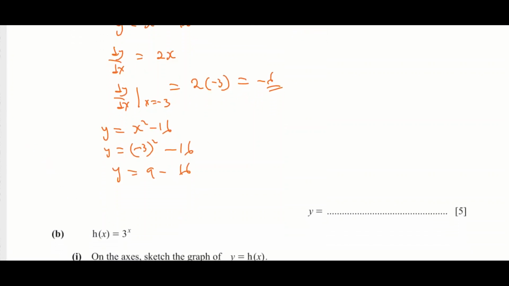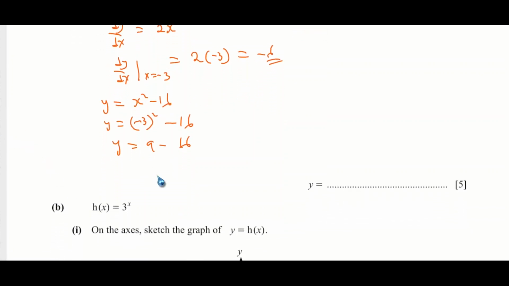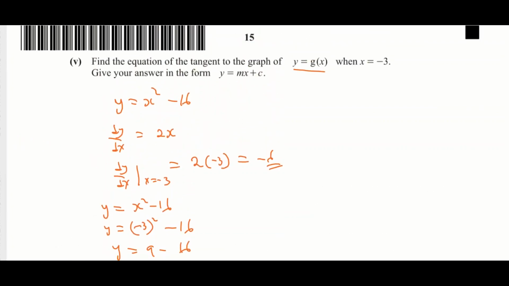Then y equals negative 7. So that means it passes through the point x equals minus 3, y equals negative 7. So m equals negative 6, and the point is negative 3 comma negative 7.